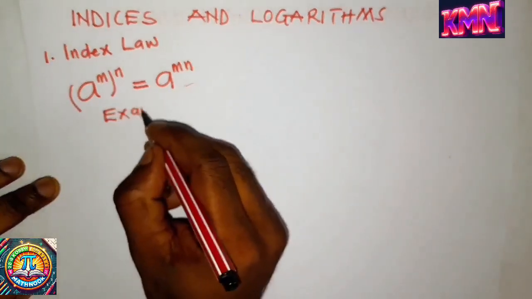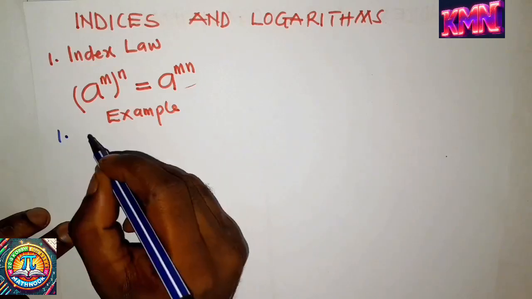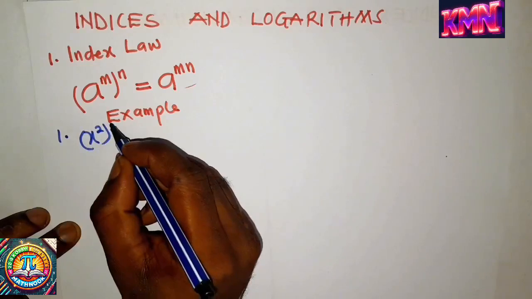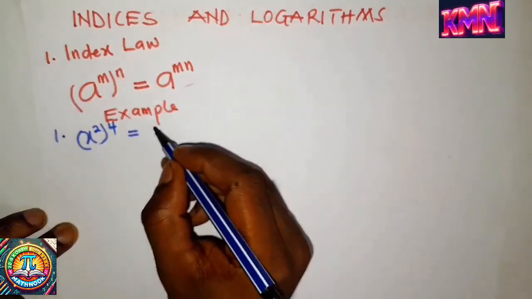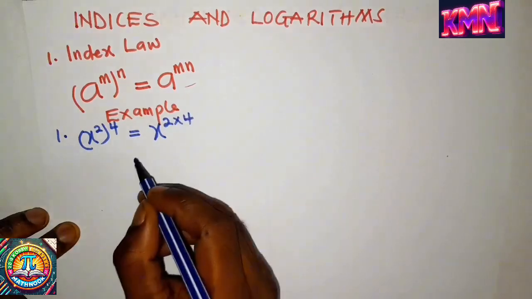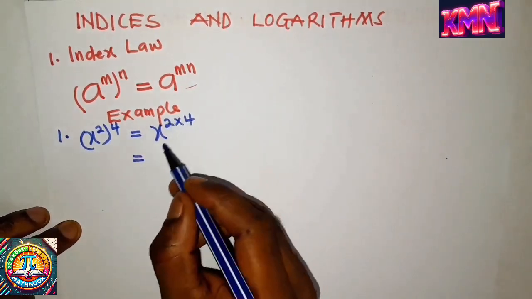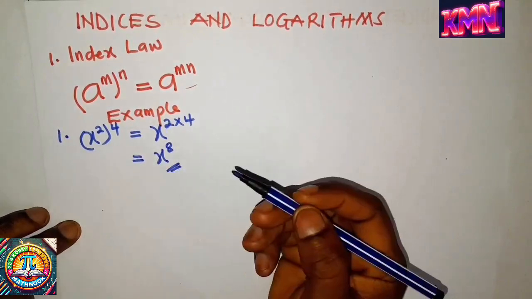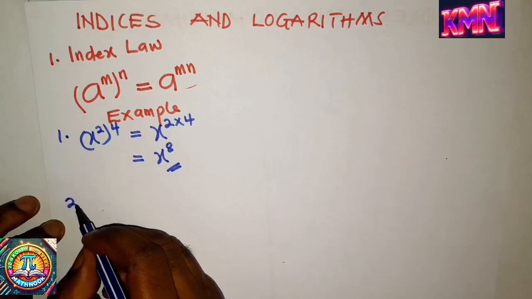Example: assuming we have x exponent 2, to the exponent of 4. This will simply give us x exponent 2 by 4, of which when you multiply the exponents, you get x exponent 8, and that is the result. Very simple.